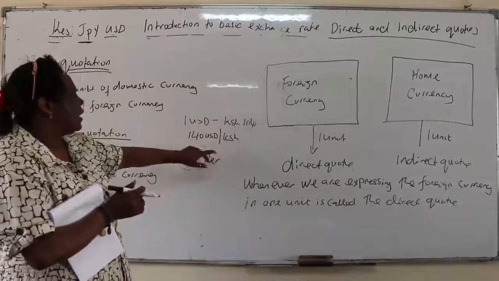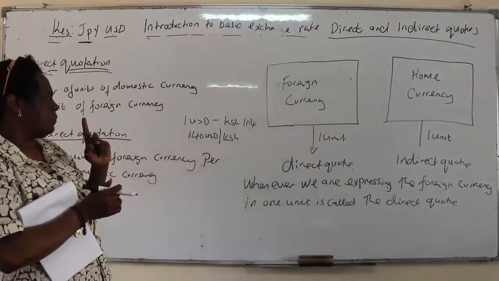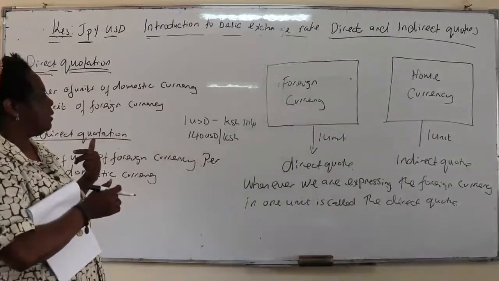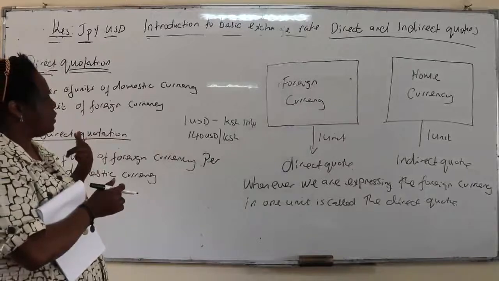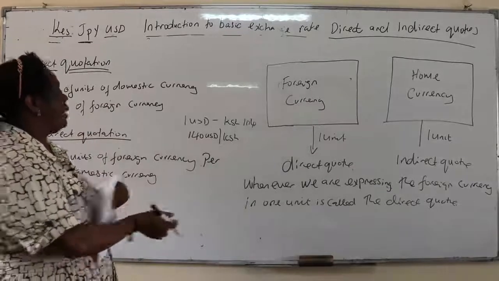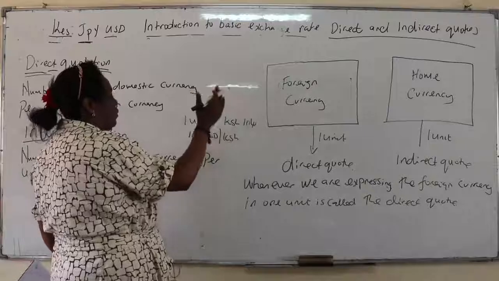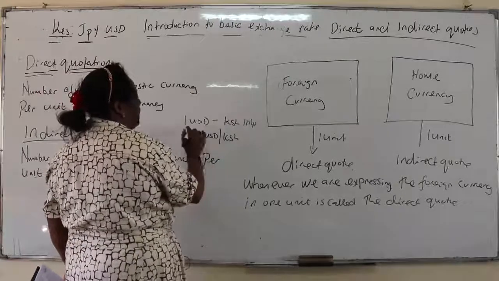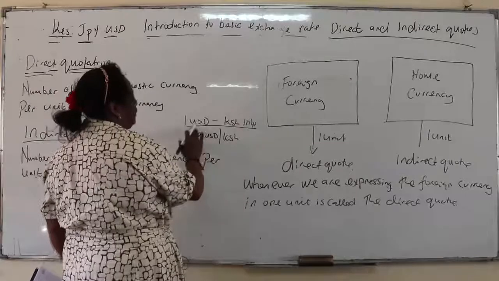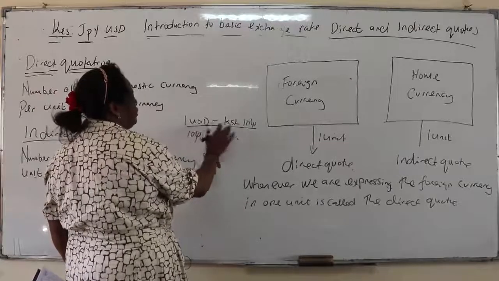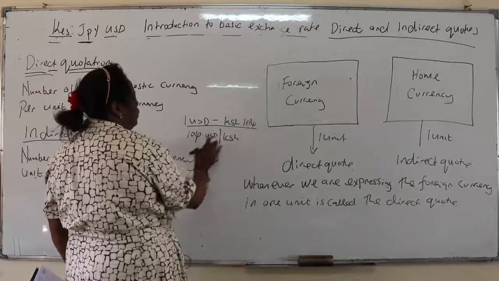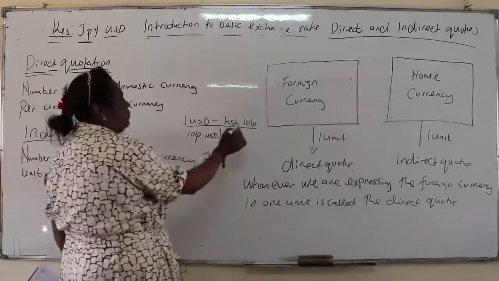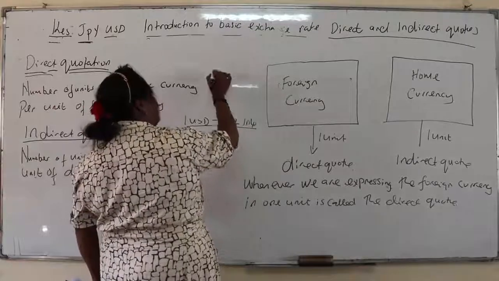That means that for a Kenyan, 1 US dollar is going to cost Kenya shillings 104. So that is a direct quote. For 1 US dollar, it is going to cost Kenya shillings 104. This is what we call the direct quote.